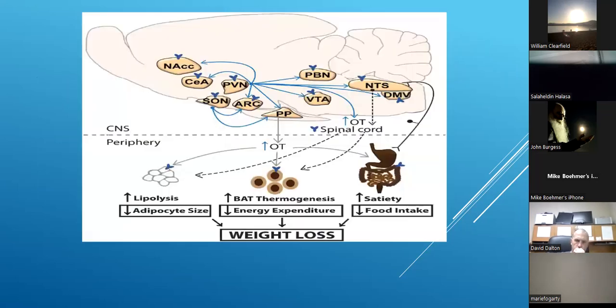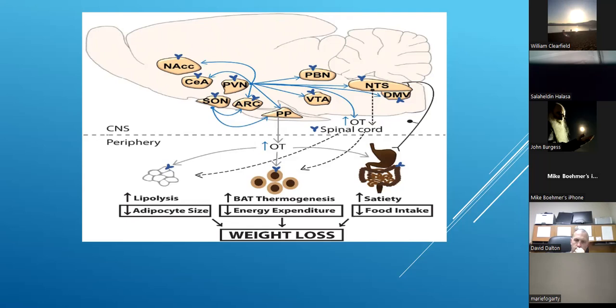Okay, this just shows you here how oxytocin works in increasing the lipolysis, the beta oxidation, turning the white fat to brown fat, and also gives you that kind of satiety that you need for weight loss. So it's covering every aspect of weight loss, right? What do you need in weight loss?